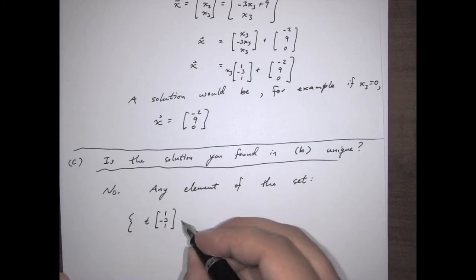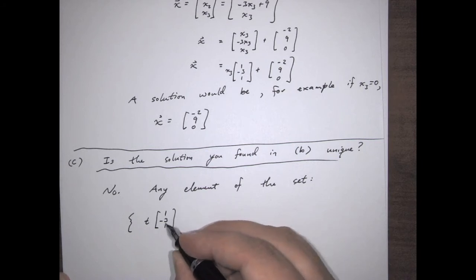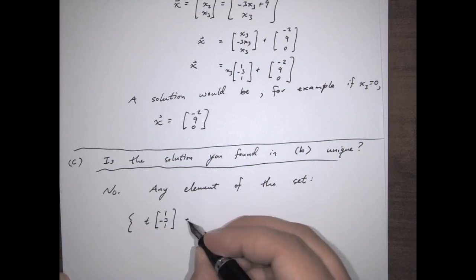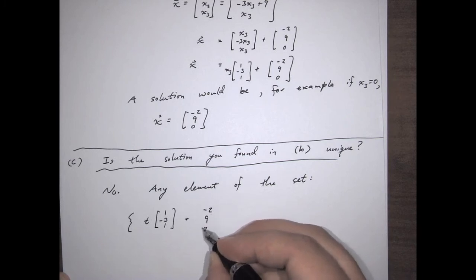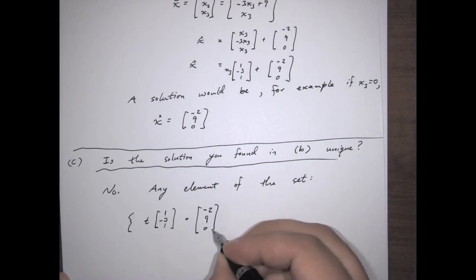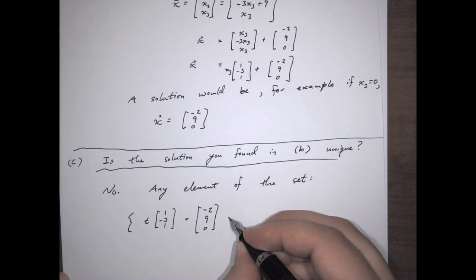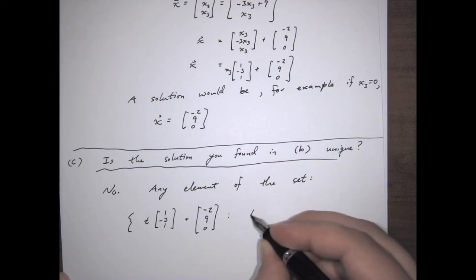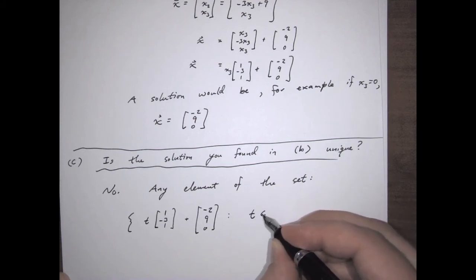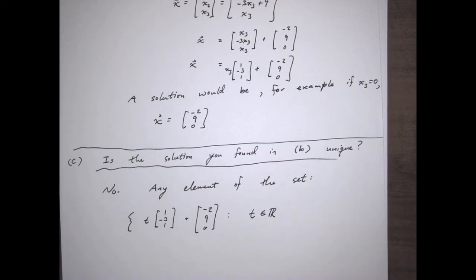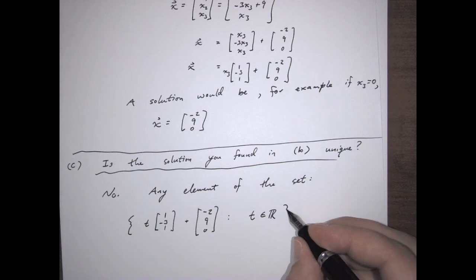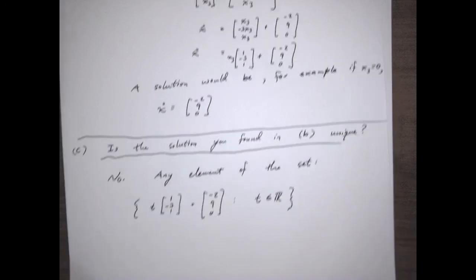So t times (1, -3, 1) plus (-2, 9, 0), where t can be any real number, such that t is in the real numbers.